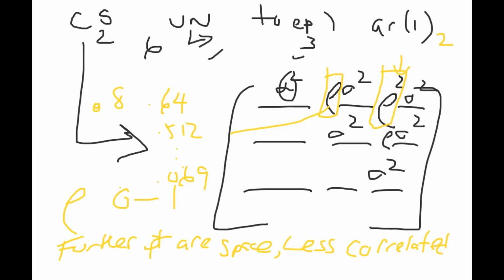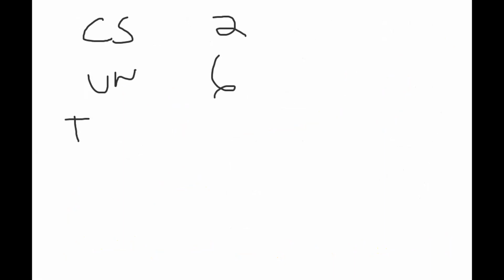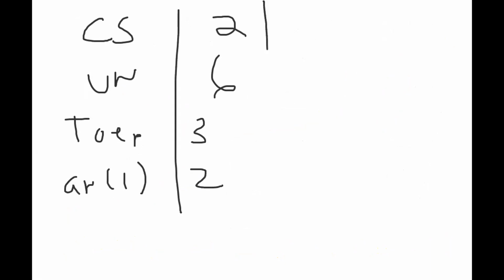Let me go ahead and clear these drawings. Now, the thing we have to remember is there's the compound symmetry, which comes with two parameters, the unstructured with 6, the Toeplitz with 3, and then the autoregressive with 2.